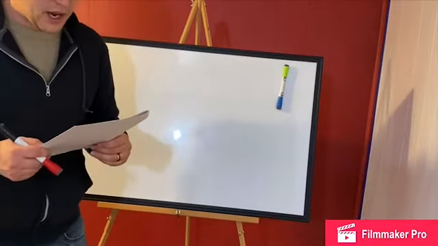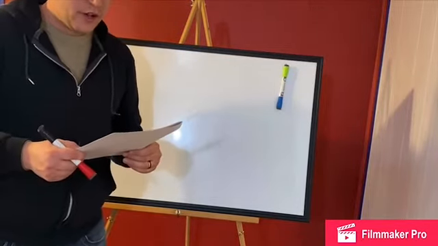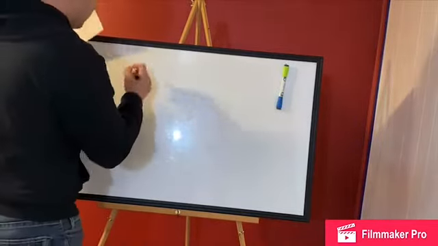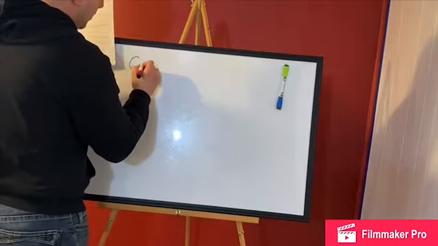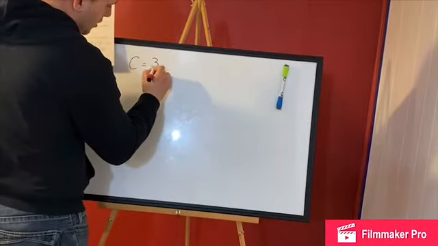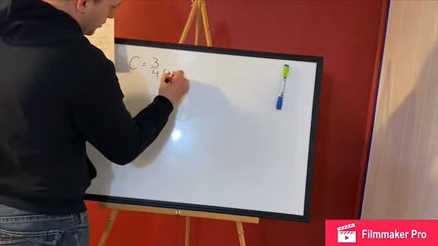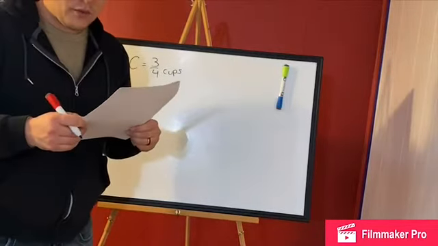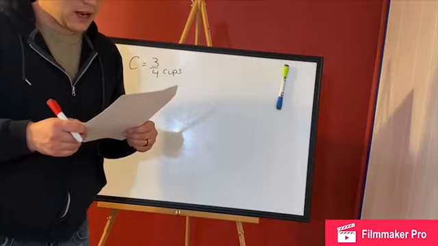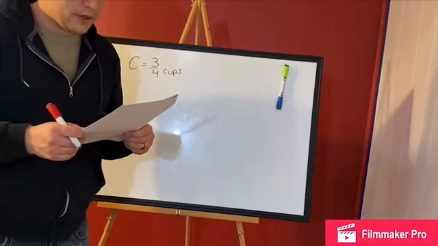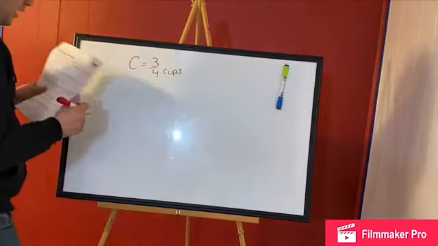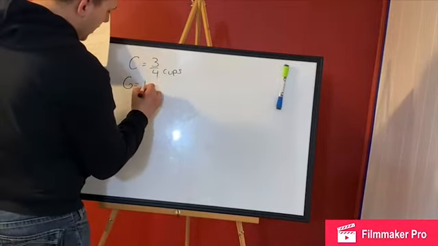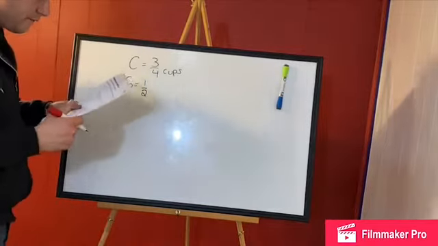Gary is making a cake recipe that requires 3/4 cup of flour. Okay, so a cake recipe requires 3/4 cups. All right, but Gary only wants to make the cake half the size the recipe calls for. Okay, so Gary only wants to make half.